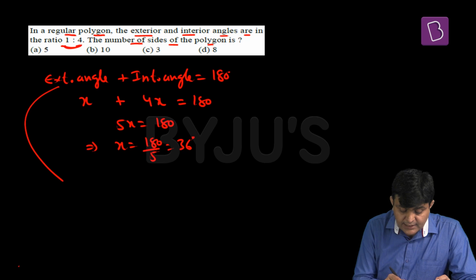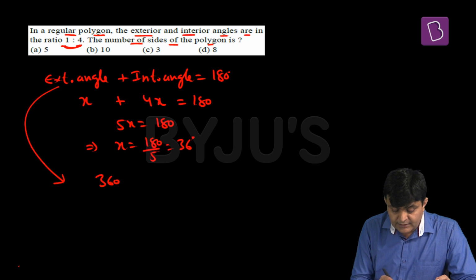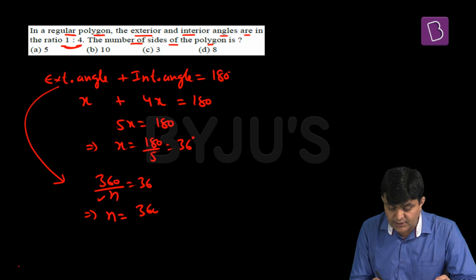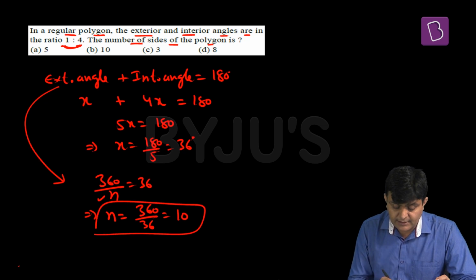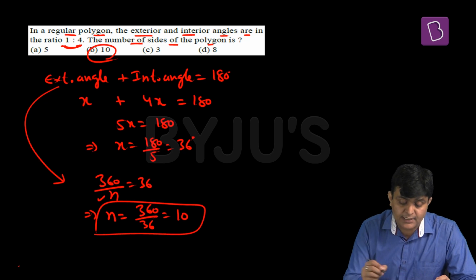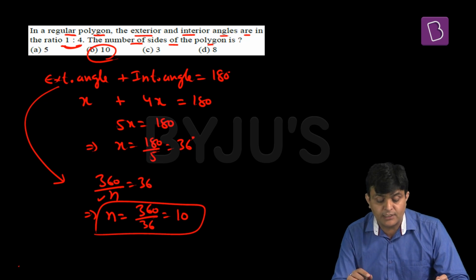We know that the external angle is 360 by n, where n is the number of sides. So n is 360 by 36, that is 10. So the number of sides in that regular polygon is 10.